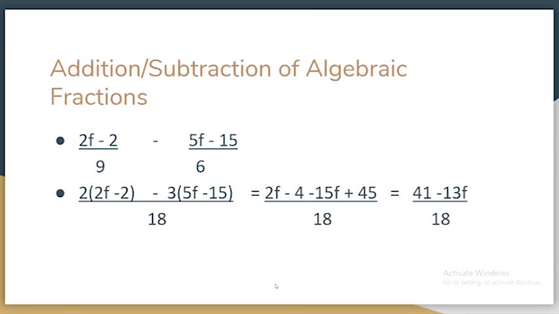The 41 is positive. And normally if we have a positive number, we like to write it first. 45 minus 4 gives us positive 41. The signs are different. We subtract and keep the sign of the larger. 4f minus 15f, that gives us negative 11f.